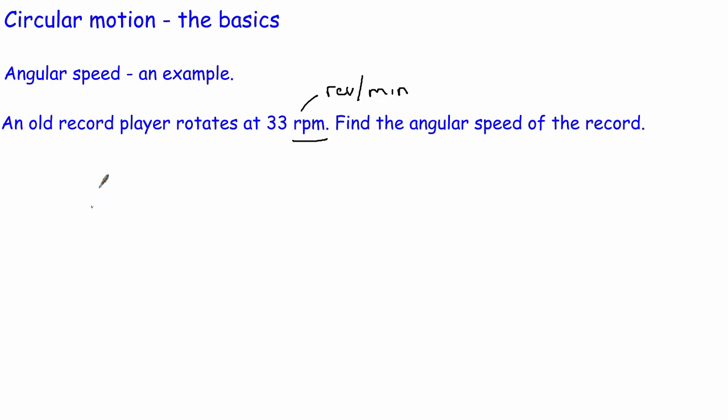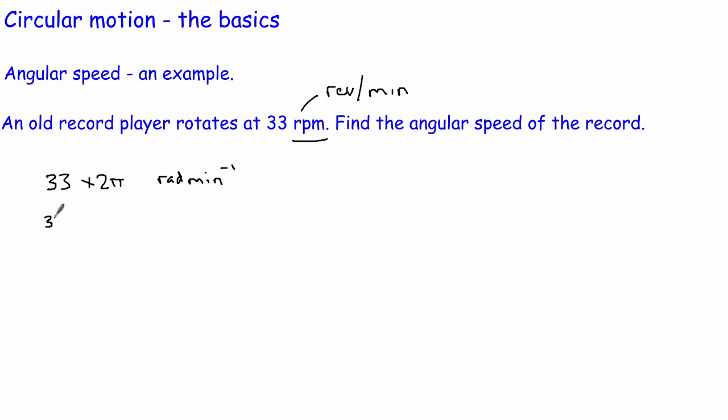So we can work out the number of radians it does every minute, because it does 33 revolutions and every revolution is 2 pi radians. If we worked that out, that would give us the number of radians it does in one minute. But angular speed is not radians per minute, it's radians per second. So I need to convert this into seconds.